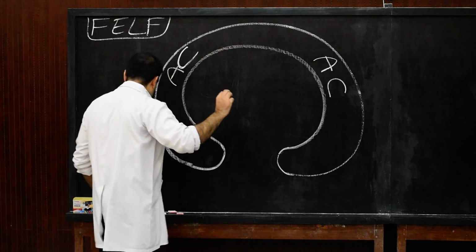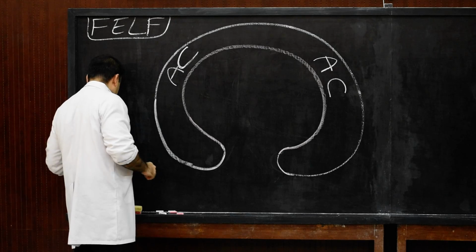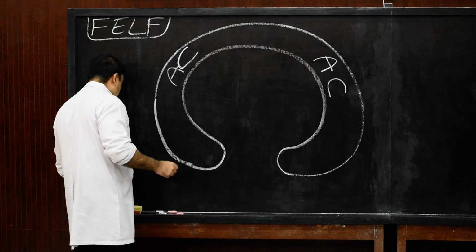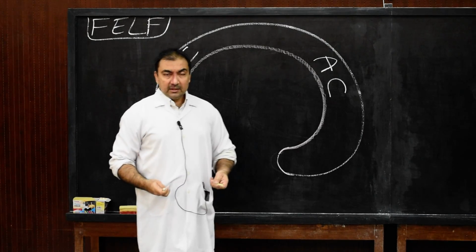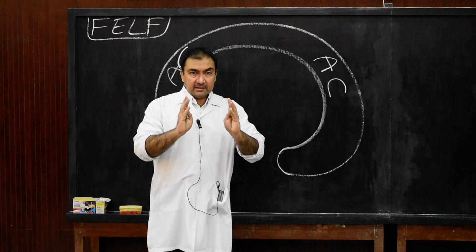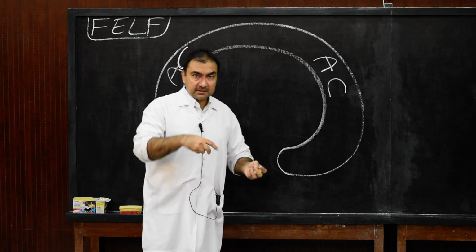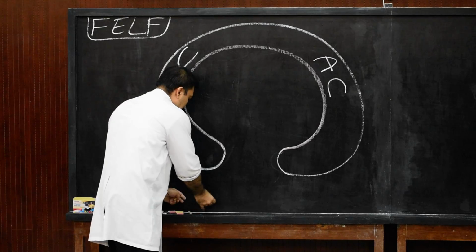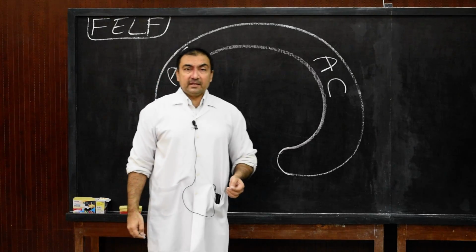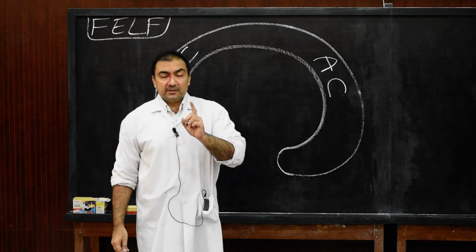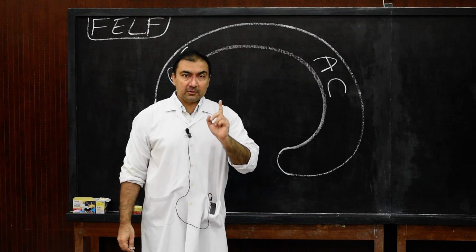Now, the most interesting part will be, I will use two colors, green and yellow color. These two are demarcating colors for our next layer, and that next layer is somatopleuric layer and splanchnopleuric layer.